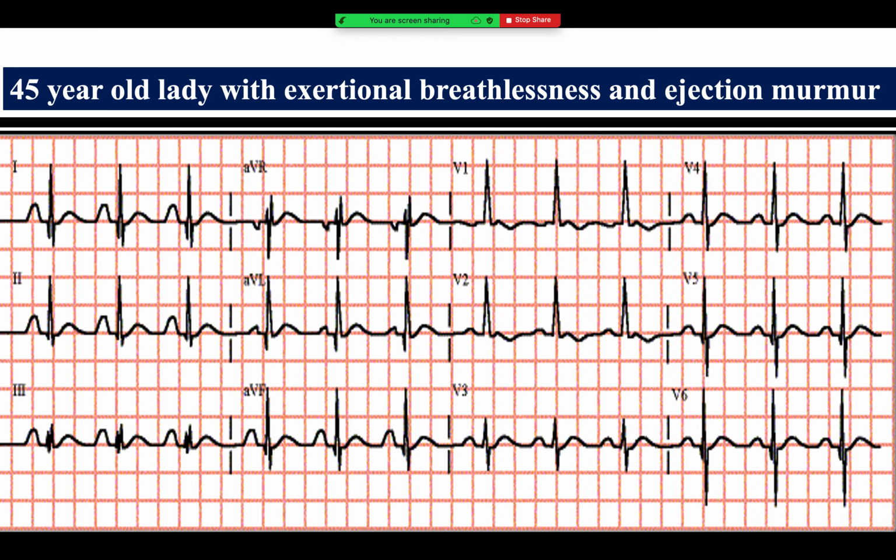How about this 45-year-old lady with the exertional breathlessness and an ejection murmur? I'll give you a hint. I am a nice person, isn't it? So these two areas you should try to focus upon.